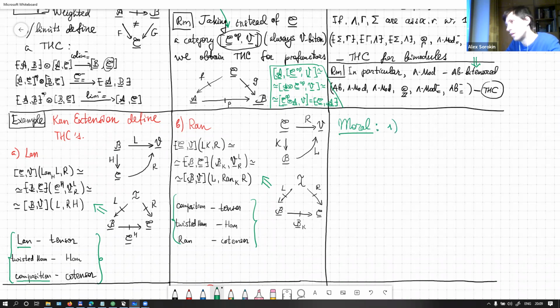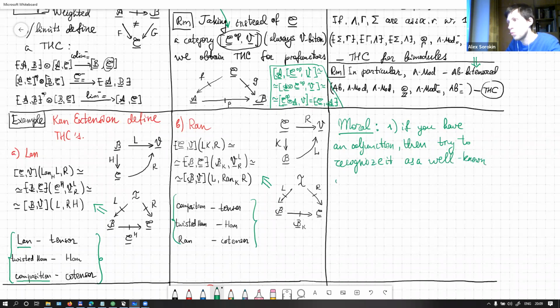First one. If you have an adjunction, then try to recognize it as a well-known one.